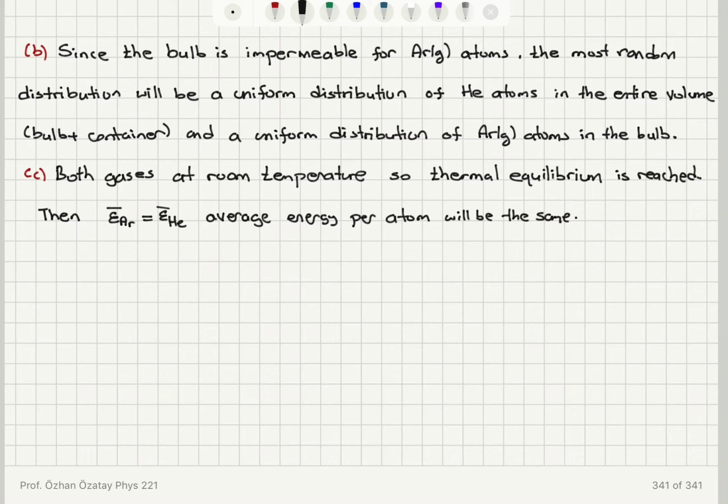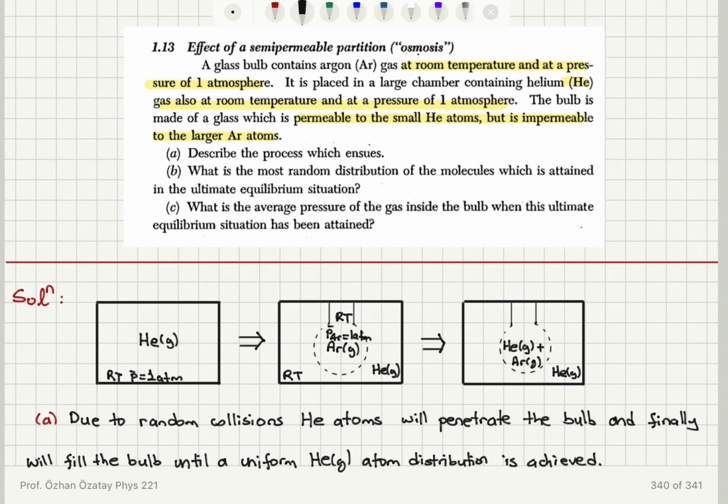And now I have the number of helium atoms per volume. This is the total volume, and then the bulb was inserted. So the number density is the same initially and finally, because then it will diffuse into the bulb.